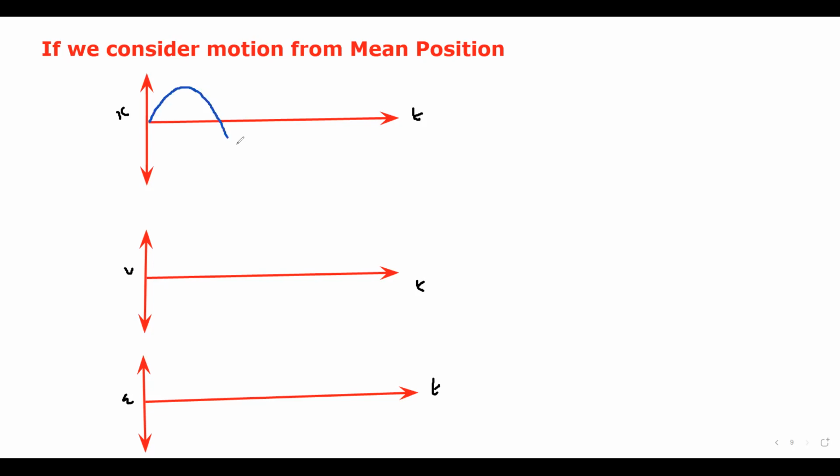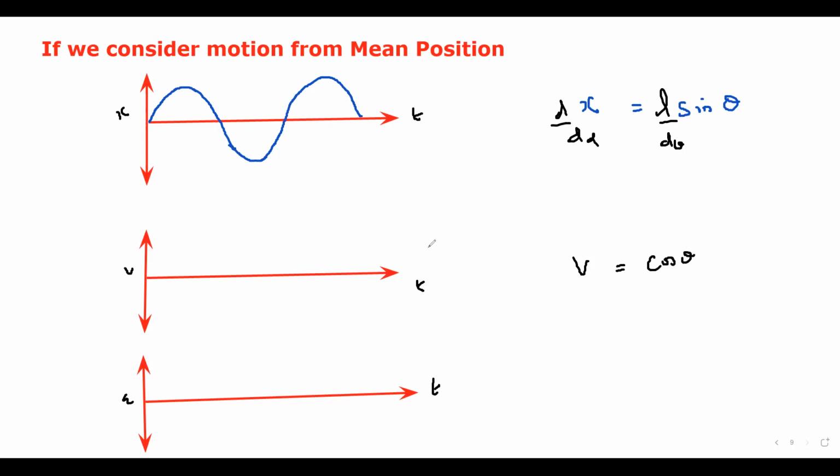So this will be the graph. Which graph is this? It means displacement is given by sine. If we want a velocity time graph, we take the derivative. So if we differentiate this, this will be velocity, and the derivative of sine is cosine. So the velocity will be a cosine graph.